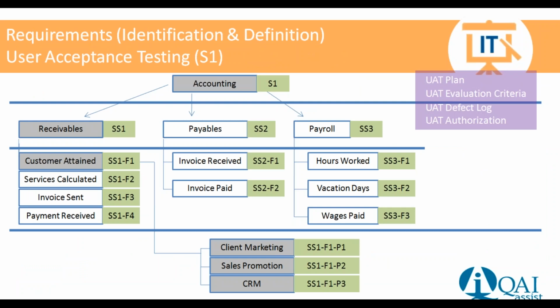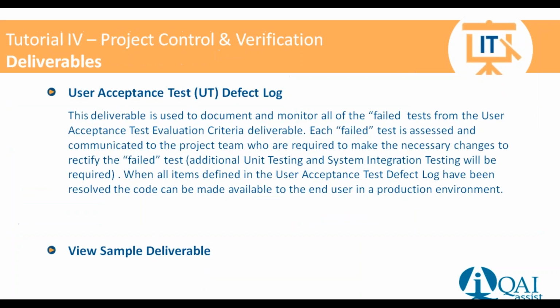And these are the different deliverables that we're going to be using: the user acceptance test plan, which we've got defined, the evaluation criteria that we established. We're going to keep track of any hiccups in the defect log for user acceptance testing, and eventually we're going to authorize it for the user acceptance testing.